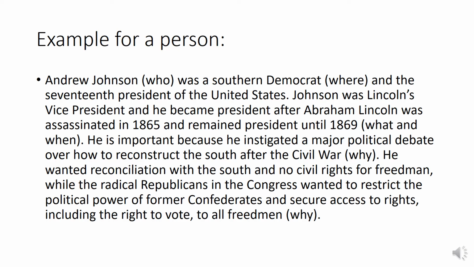Now we're going to look at an example of a historic ID for a person, which is actually a different kind of way of writing an ID, because obviously the person is the who. Andrew Johnson is who we're talking about. He was a Southern Democrat, so we're associating him not just with his political party, but where he was from, the South, and the 17th President of the United States.